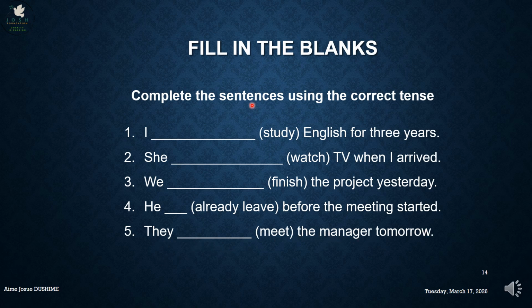You're going to choose the correct tense, either the present simple, present continuous, present perfect continuous, the past simple, past perfect, past continuous, or future with will, future with be going to, or future with the present continuous. Just based on what you have here, and then you make a good sentence out of it.